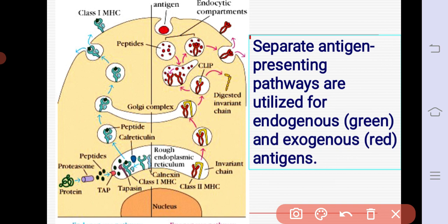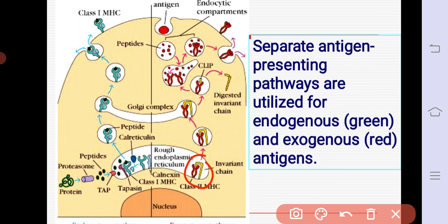Simultaneously, the lumen of the endoplasmic reticulum synthesizes an MHC class second molecule, and during this, the peptide binding groove is occupied with an invariant chain protein, and this invariant chain with the class second molecule is then transported to a Golgi complex through a vesicle.